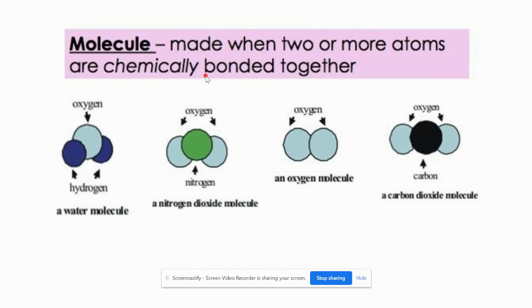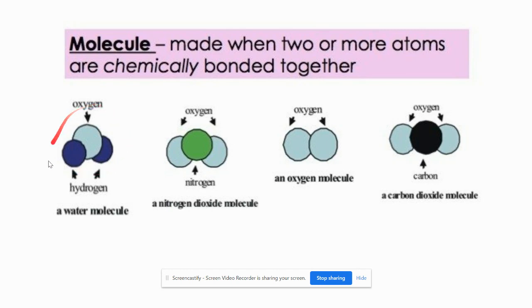Okay, molecules. Molecules can be element, molecules can be compound, but by definition, molecule is made when 2 or more atoms are chemically bound to each other. So you can see that this is a molecule because it has 2 or more atoms, but there are 2 different types of elements.